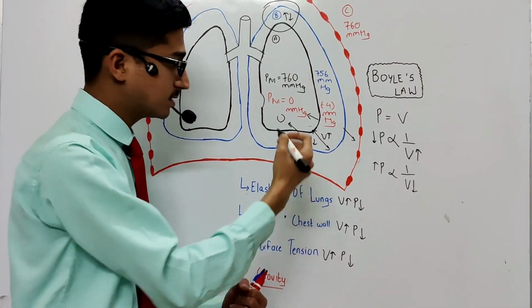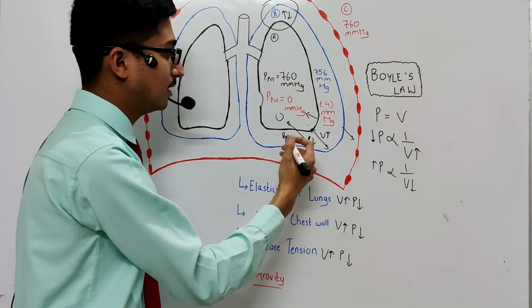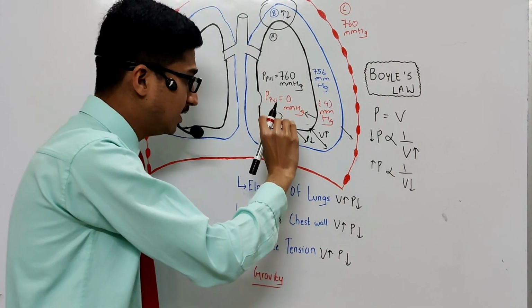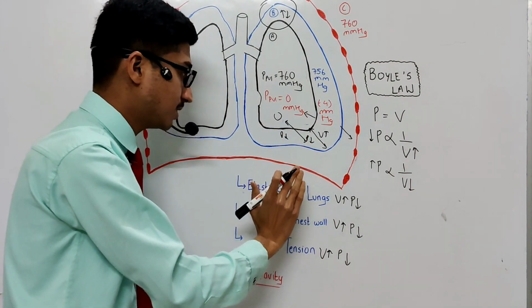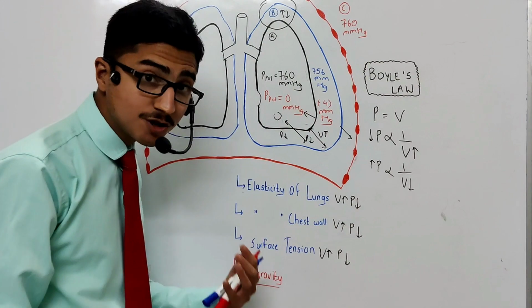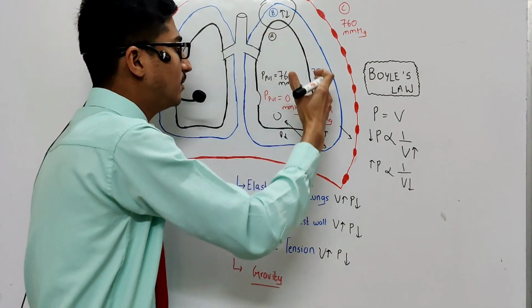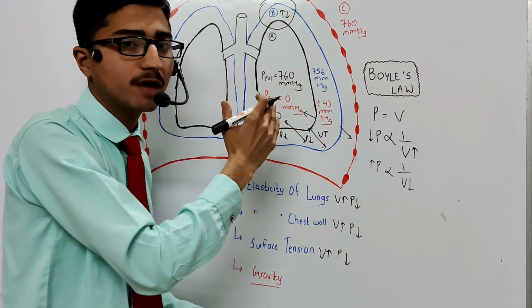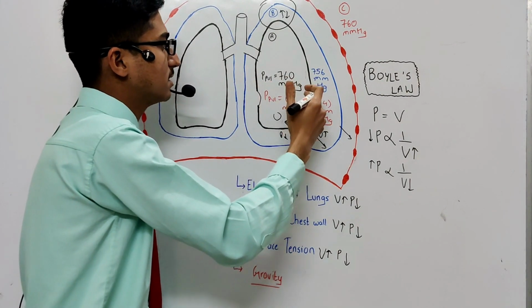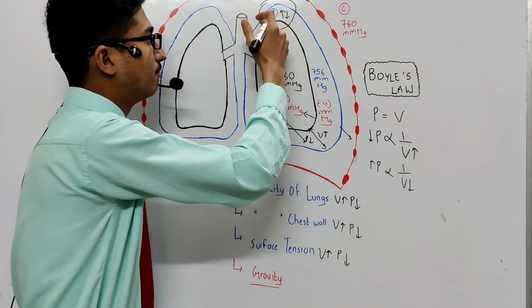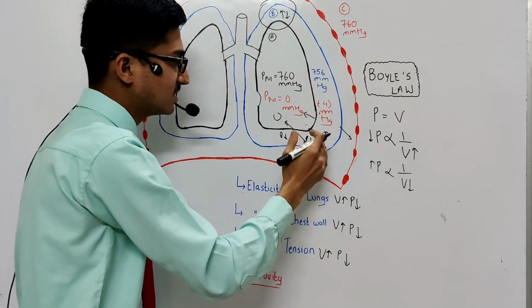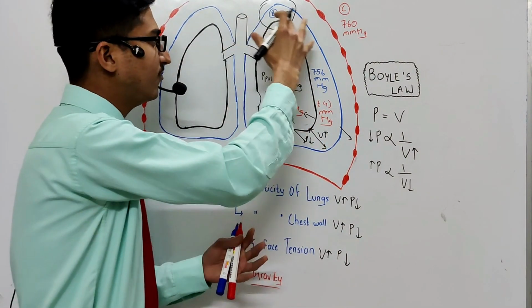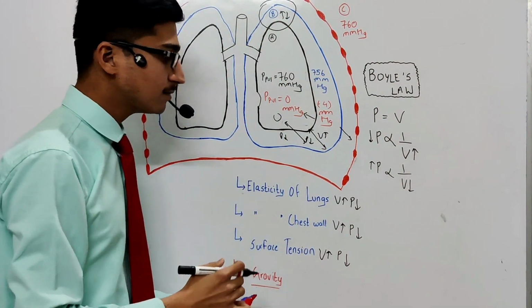Similarly, what happens downside? Here the volume decreases and the pressure increases, which shows that the intrapleural pressure is not uniform everywhere. Let's suppose it is like -4 here, -2 here, -6 here. So it is different at different points.